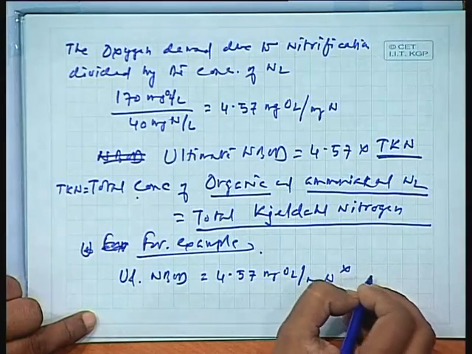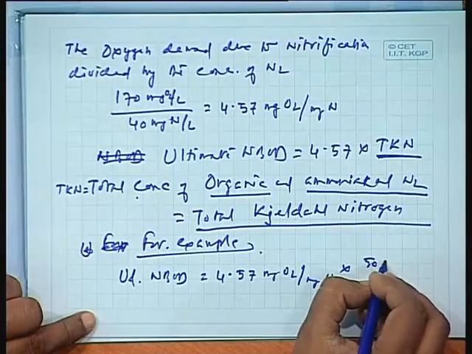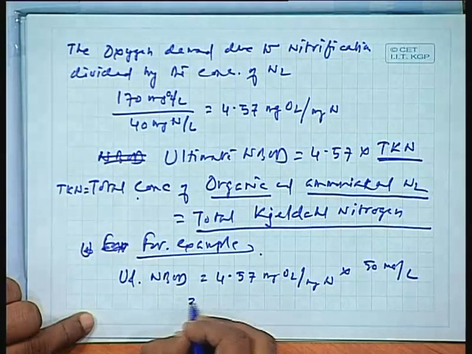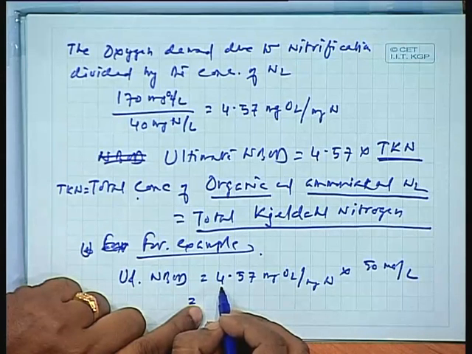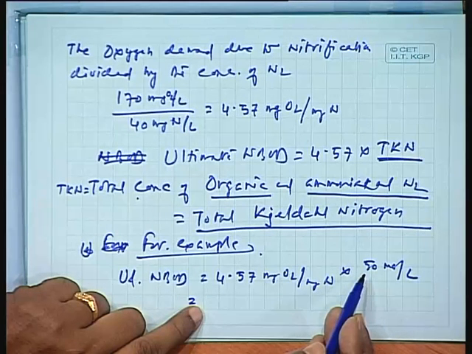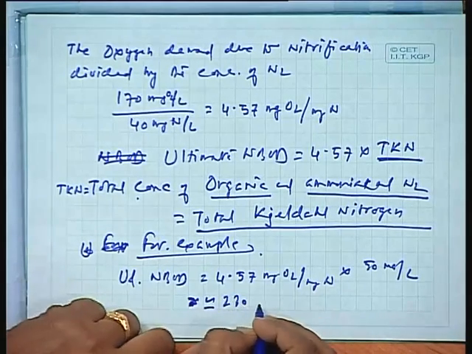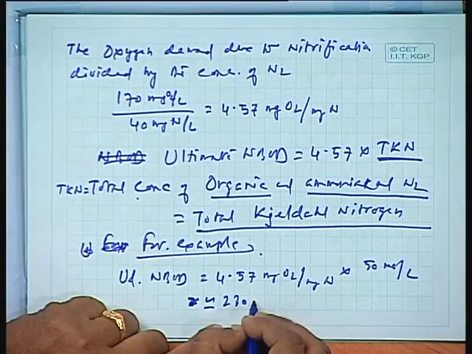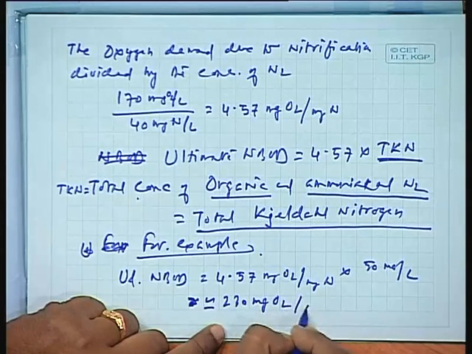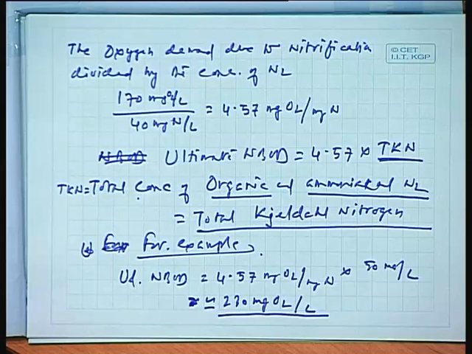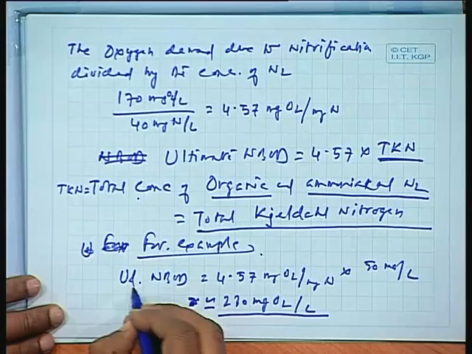If this TKN is, say, 50 milligram per liter, then taking about 4.6 into 50, that is 230, about 230 milligram of oxygen per liter would be required. So the ultimate NBOD can be found out like this.